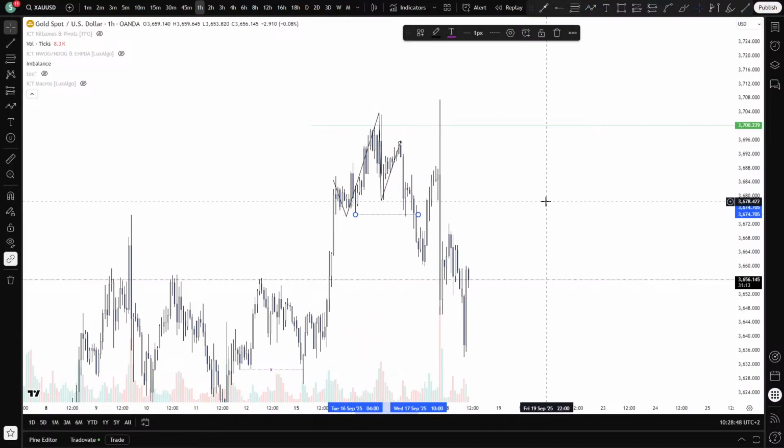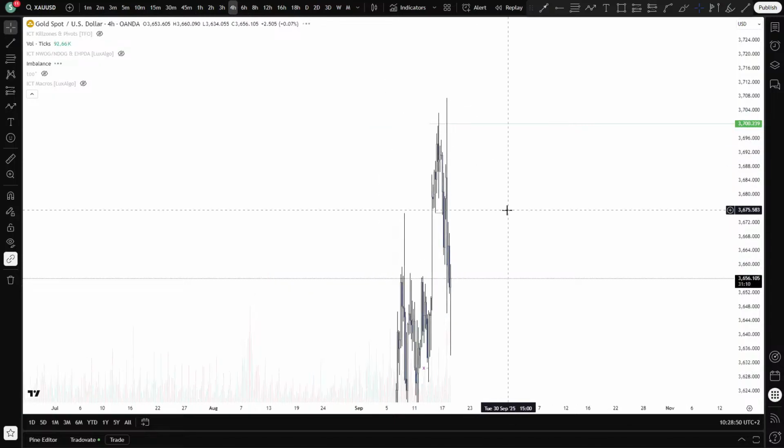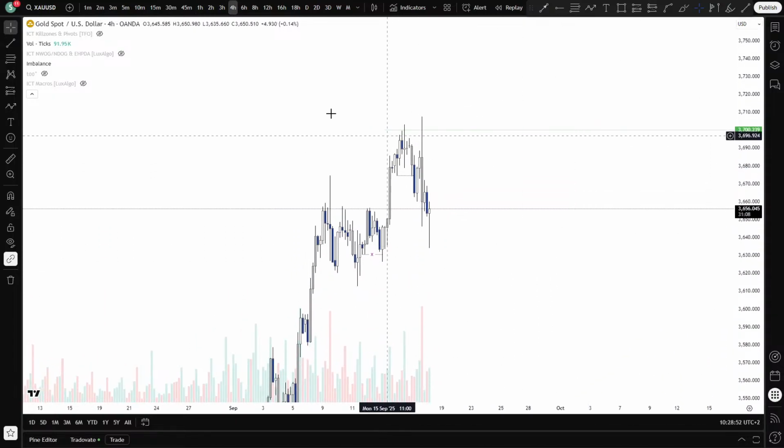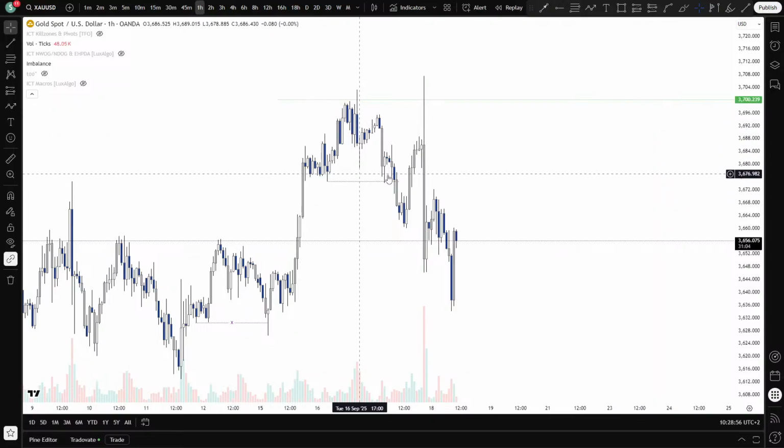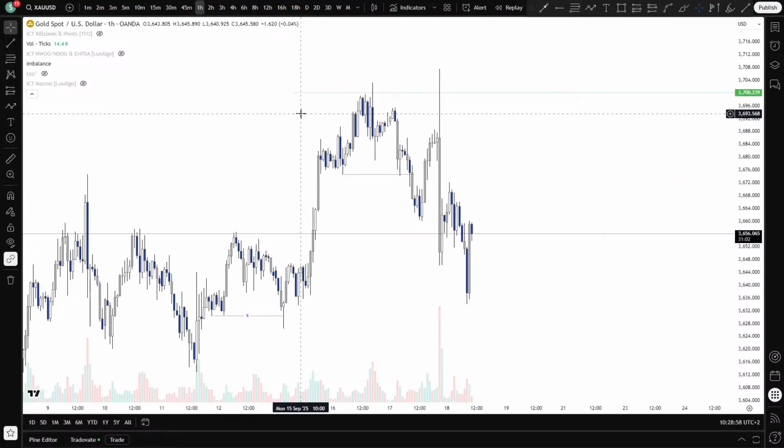This is the last bit of price action that brought you towards new highs. Of course, on the 1 hour, it's not even valid structure on the 1 hour.